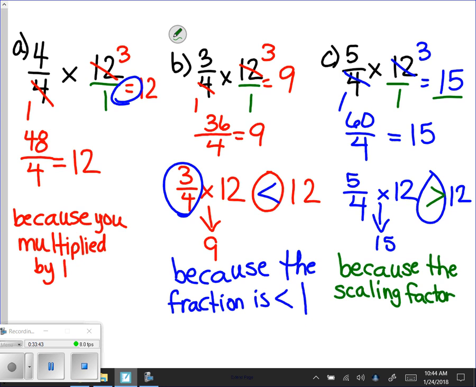So you have scaling factor, first factor, product. The scaling factor was greater than 1. So because this is bigger than 1, this was bigger than 12.